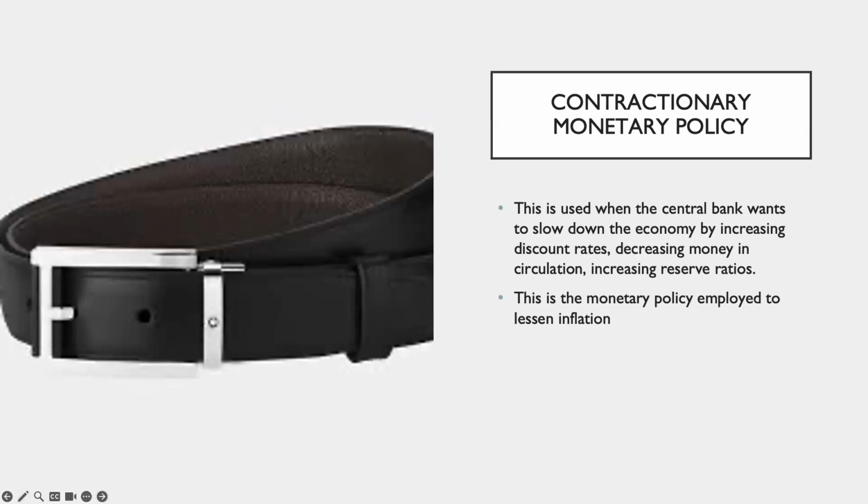Contractionary monetary policy is used when the central bank wants to slow down the economy by increasing discount rates, decreasing the money in circulation, and increasing reserve ratios. And this tactic is actually being employed to lessen inflation.